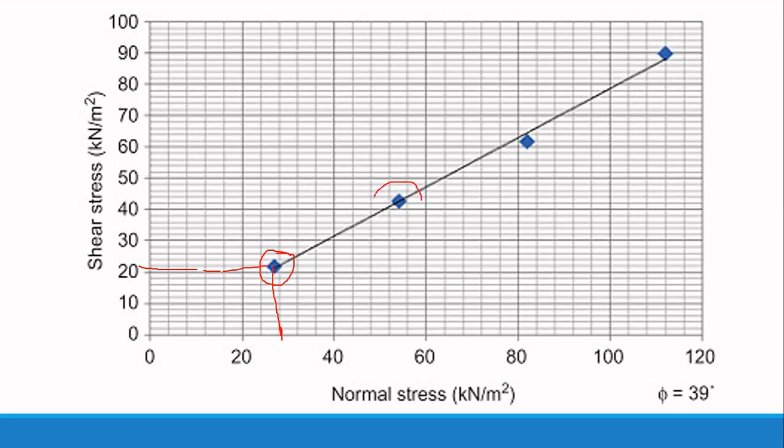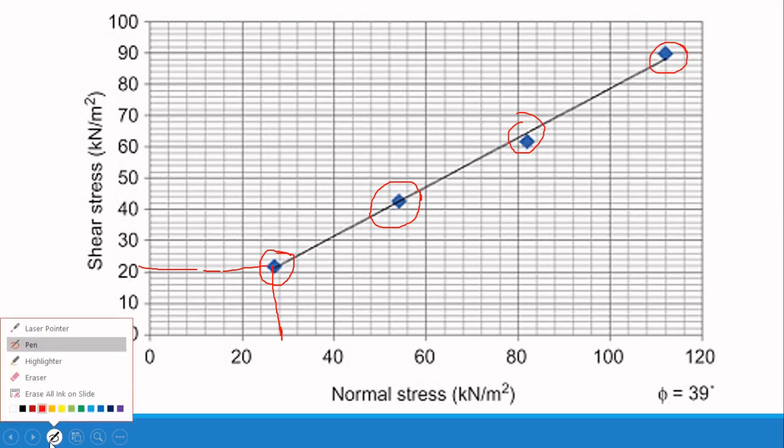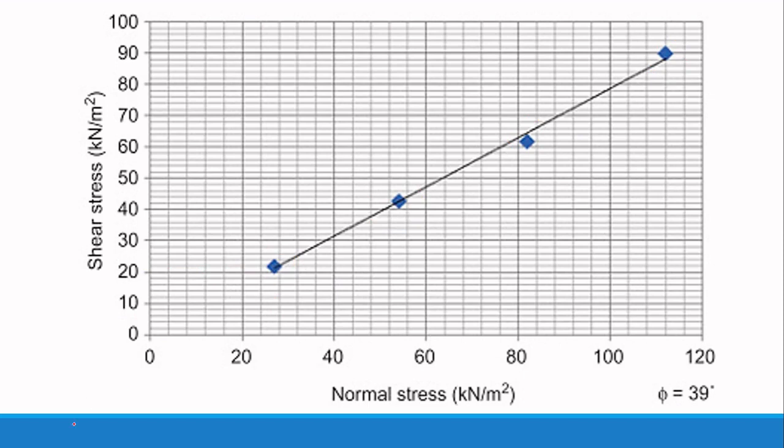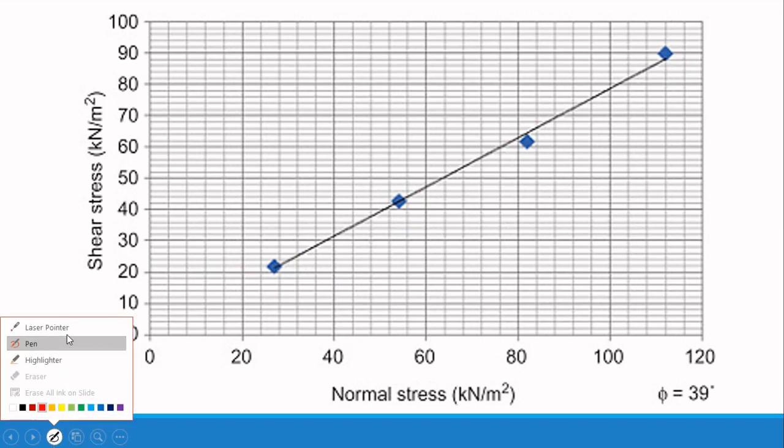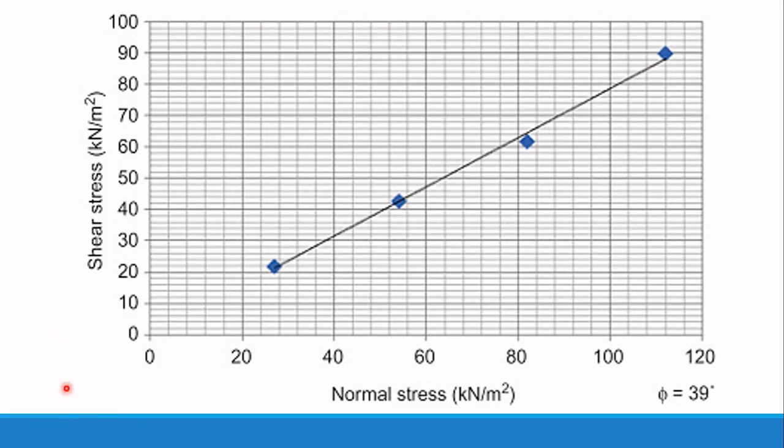Similarly, I mark this for sample 2, sample 3 and sample 4, and I try to draw a straight line through all these points. Okay, so you will see that some points will fall on this line and some will not. It is necessary that a minimum of 3 points lie along the same line.